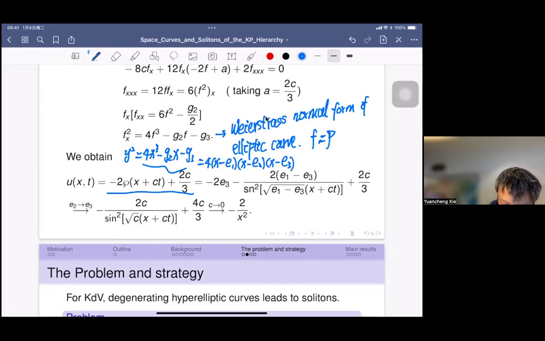Okay. And if we degenerate this algebraic curve by letting E2 go to E3, then these two roots come together, and we actually get a rational curve, and then our solution, the elliptical function, will degenerate to trigonometric functions. And the trigonometric functions, of course, you can write in terms of exponential functions, and that gives us a soliton solution.